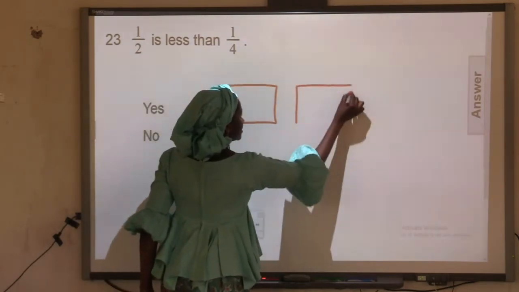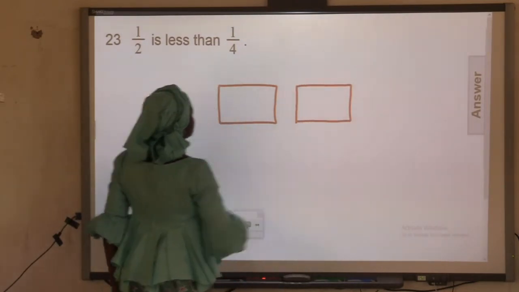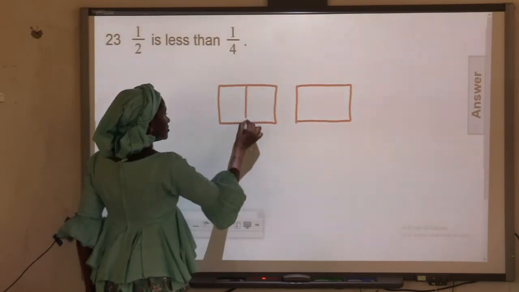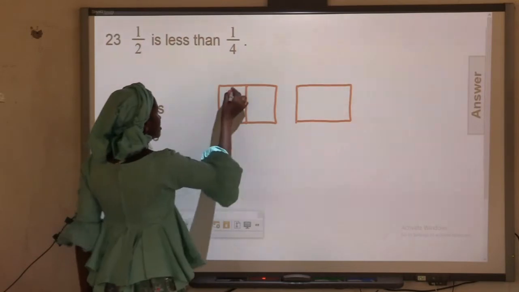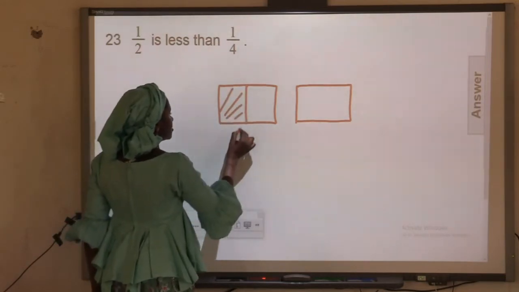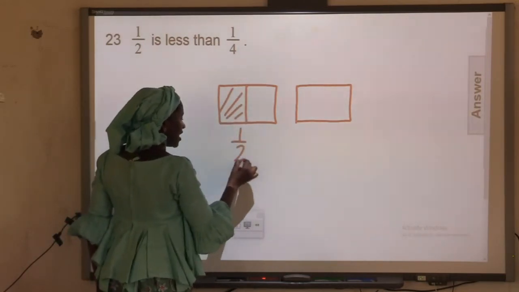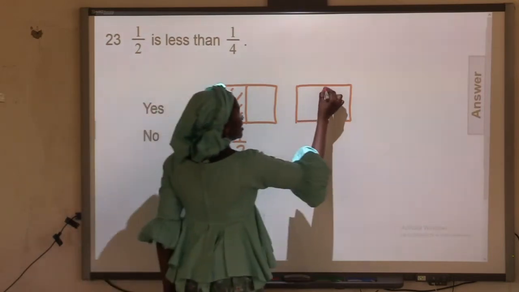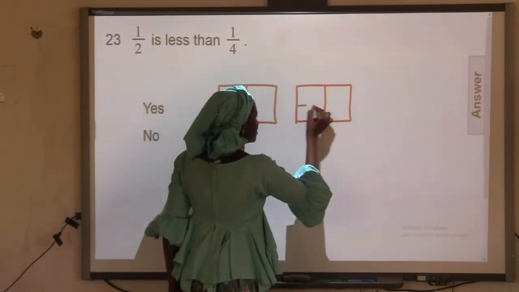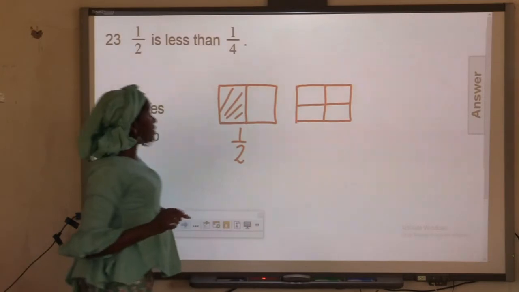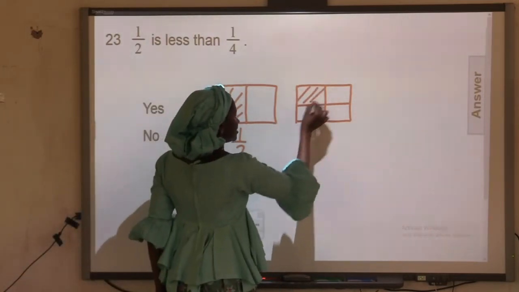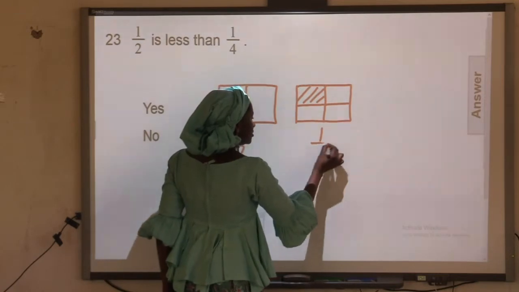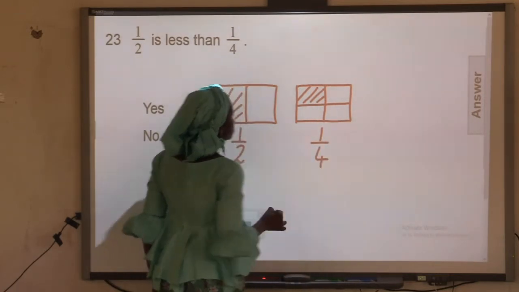These are 2 diagrams with the same dimension. It is divided into two equal parts, which is representing half. And here the same diagram is divided into 4 equal parts, and only one part is shaded, which is 1/4.